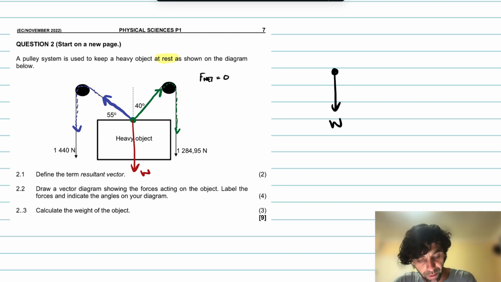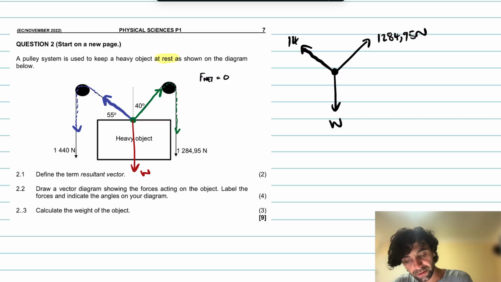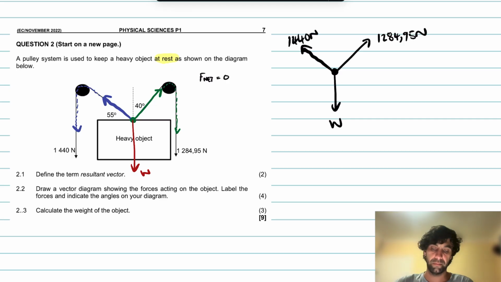So we have our weight acting downwards, and we could just call the forces A and B, acting this direction, which is 1,284.95 newtons. And we have another force acting this way, which is 1,440 newtons.